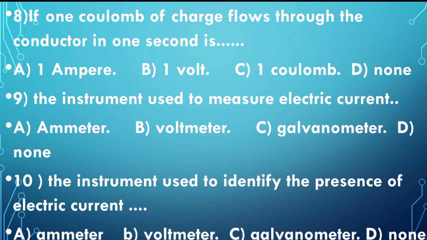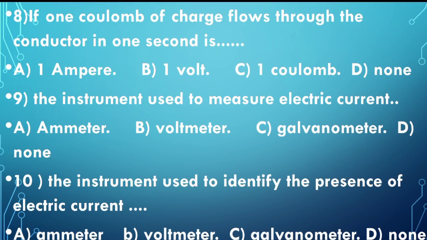So if 1 coulomb of charge flows through the conductor in 1 second, it equals 1 ampere. You need to choose the first option A, 1 ampere. Okay, moving on to the next question.